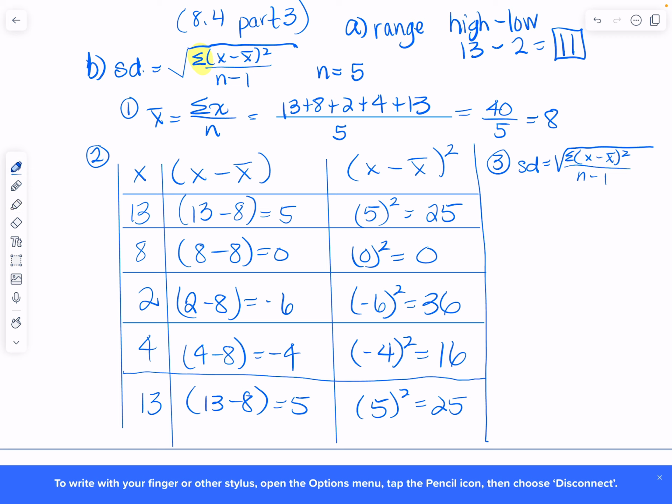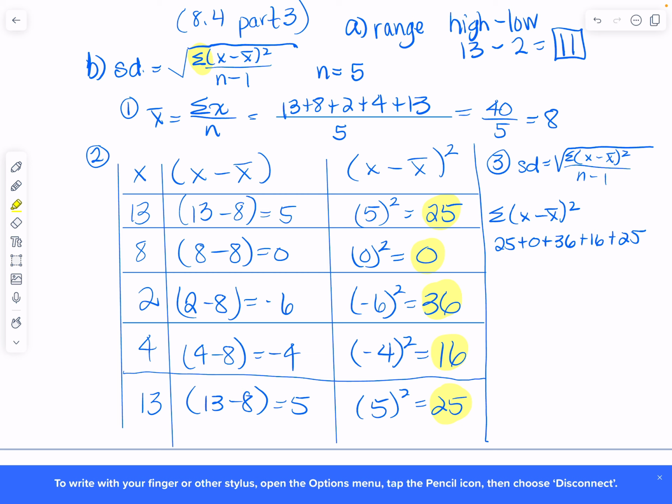Okay, so let's go ahead and figure out the sum of x minus x bar squared. So what we're going to do is add 25 plus 0 plus 36 plus 16 plus 25. So basically what I'm doing is I'm adding the values that we found in the x minus x bar squared column.